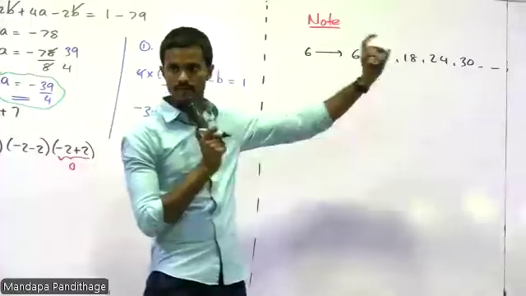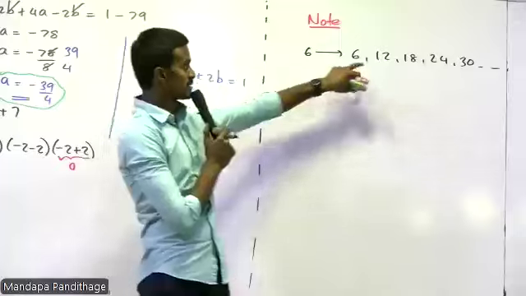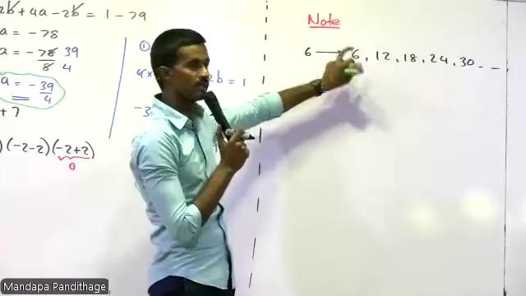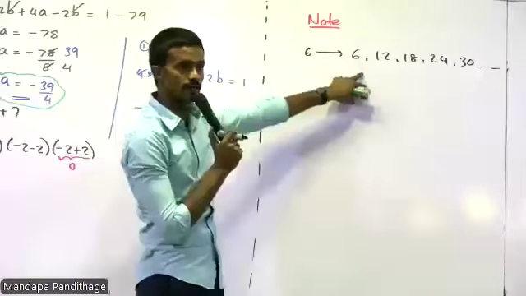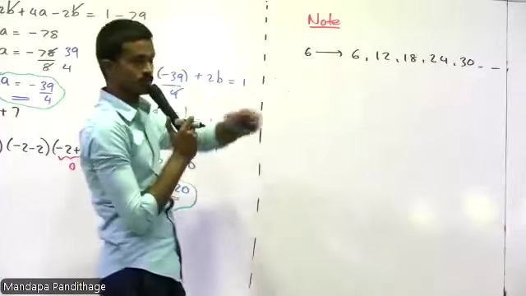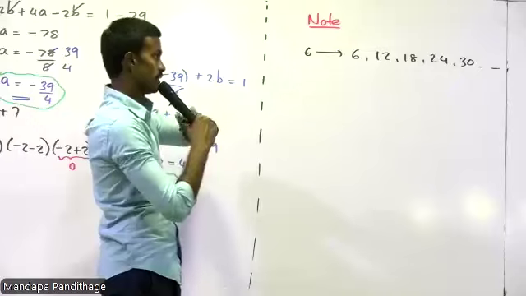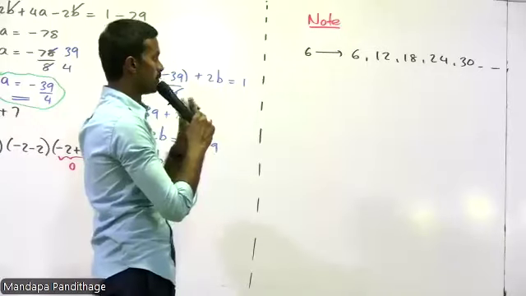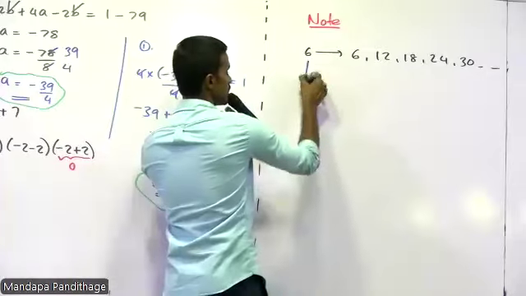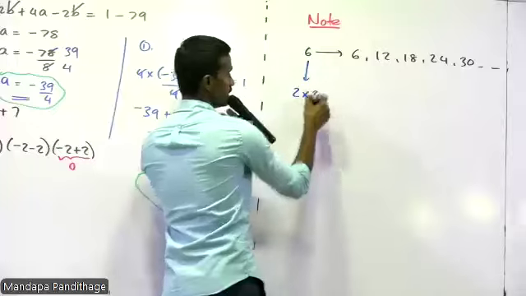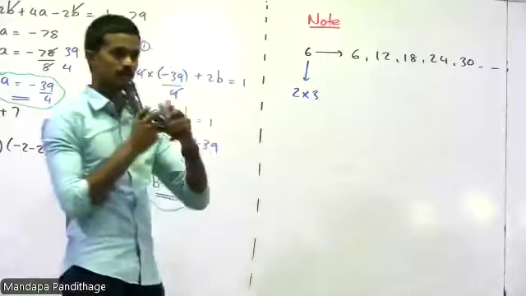How can you determine whether it is a factor? If it is divisible by 6, then it is a factor. Now, you know that we can write 6 as 2 into 3.